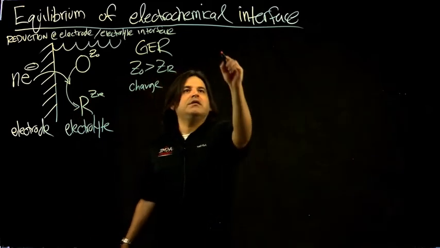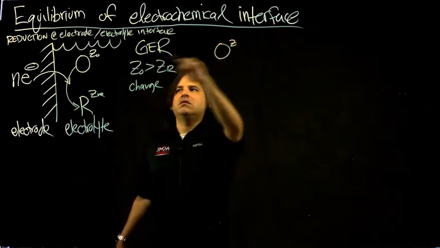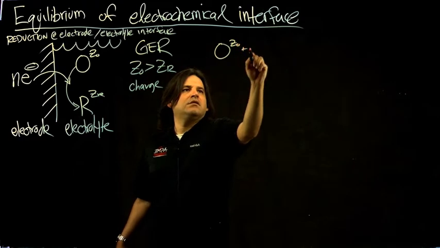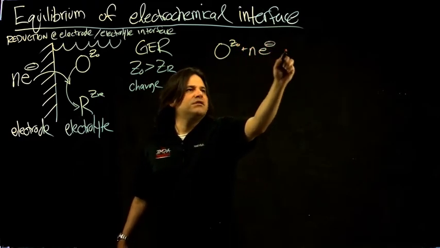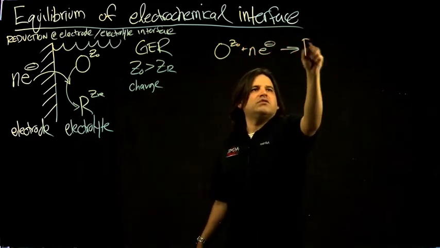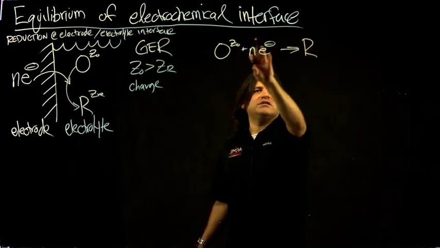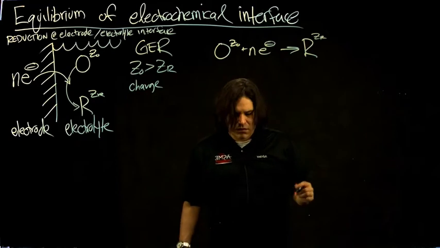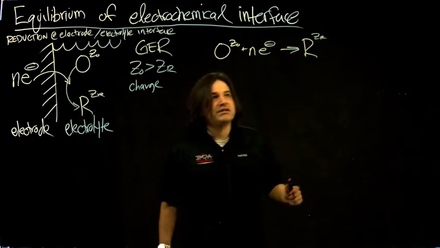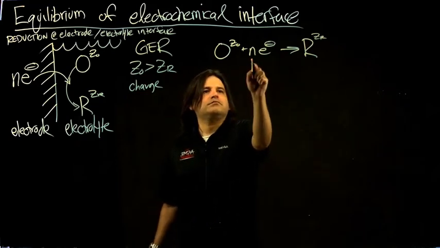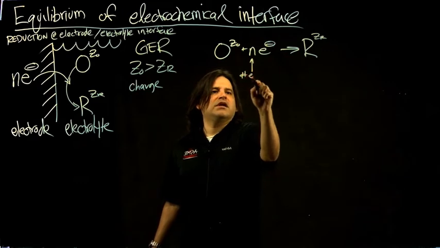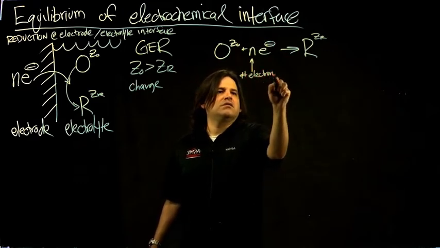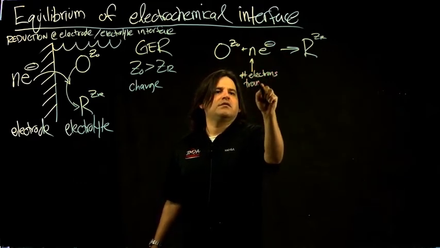So that would be O, this thing, plus some number of electrons goes to this species that got reduced because it gained an electron, at a new charge. So this is the number of electrons transferred.